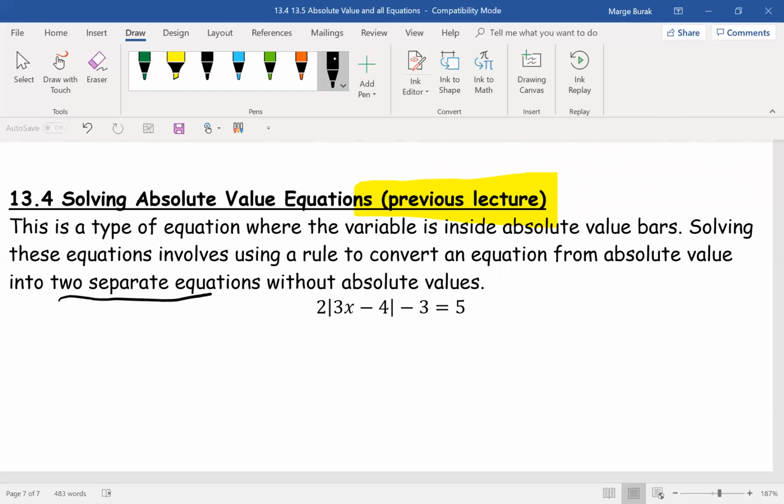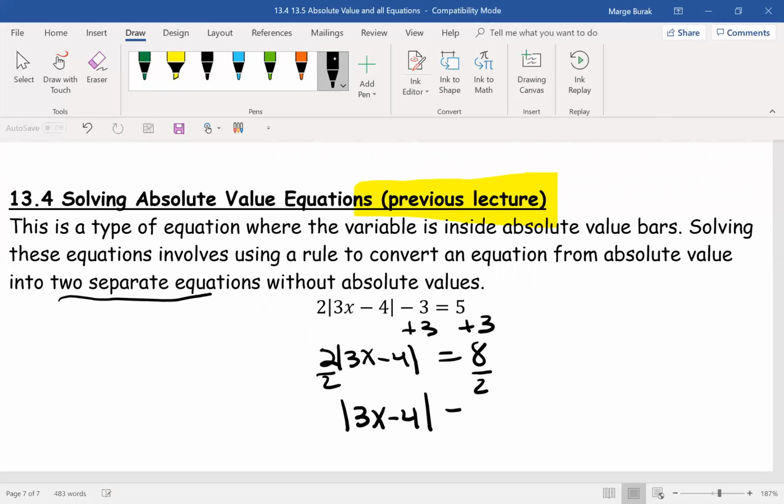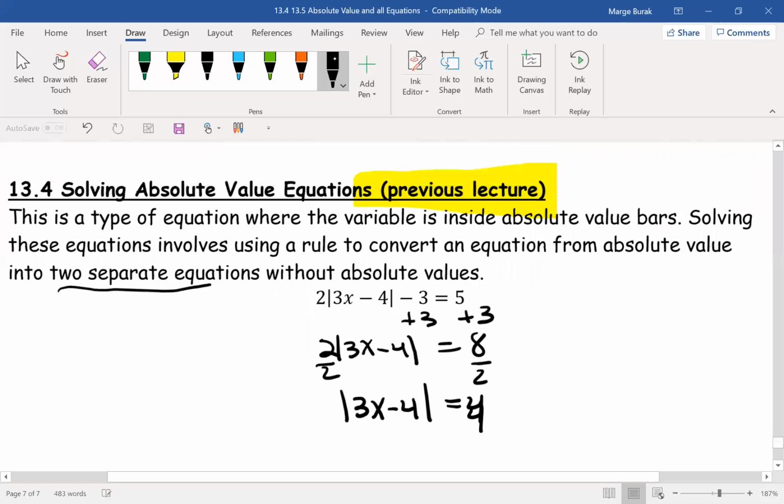Okay, so let's isolate this absolute value by adding 3 and then divide by 2. So I can get that absolute value all by itself because I have to do that before I write the two cases.